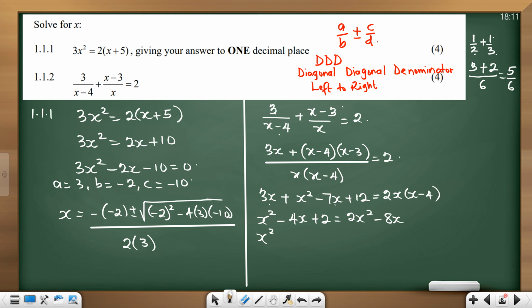If I bring my plus 2x squared there, it becomes negative. Minus 4x, this one then becomes 8x. Plus 2 equals what? 0. Let's simplify. Negative x squared, 8 minus 4, positive 4x plus 2.